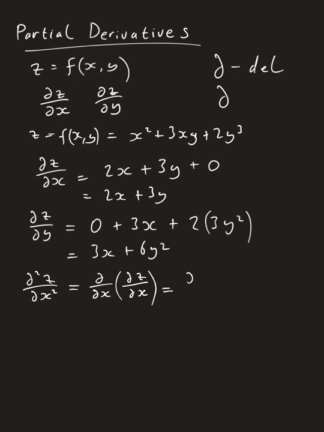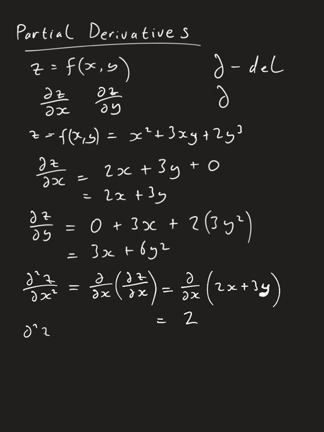I'm going to differentiate partially with respect to x, 2x plus 3y. And that's going to give me just 2. So 2x becomes 2, and 3y differentiated partially with respect to x is just 0, because I'm treating y as a constant.